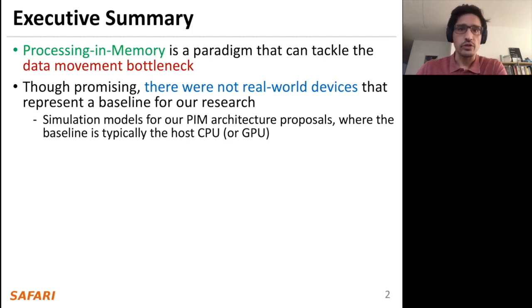This is not really a problem for the research that we do, because we use other tools like simulators, for example. But it also does not allow us to define clear baselines in order to improve the existing architectures and make our proposals. And this is one of the things that we can have now that we have a real-world and publicly available processing in memory architecture.